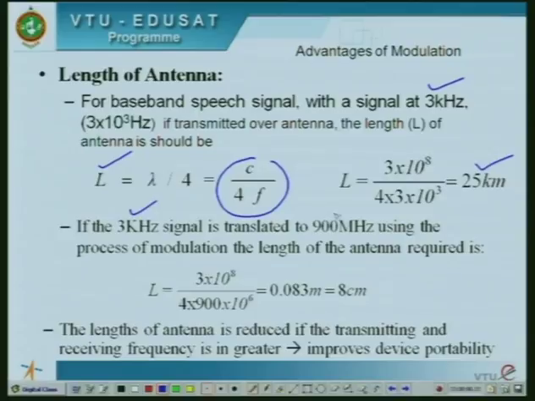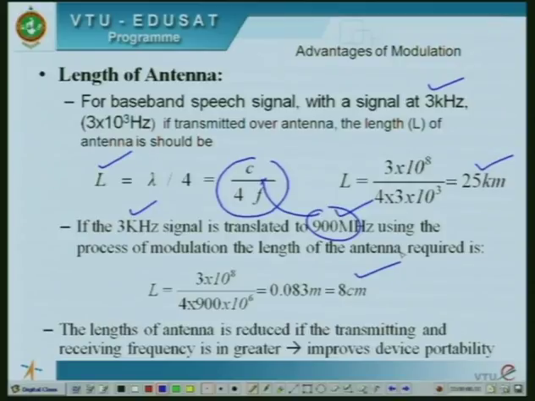By the process of modulation, we translate 3 kilohertz frequency to 900 megahertz. That is the process of mobile communication. What will happen to the length of the antenna? Substituting these parameters into the formula, we find that the length of the antenna is reduced to only 8 centimeters.